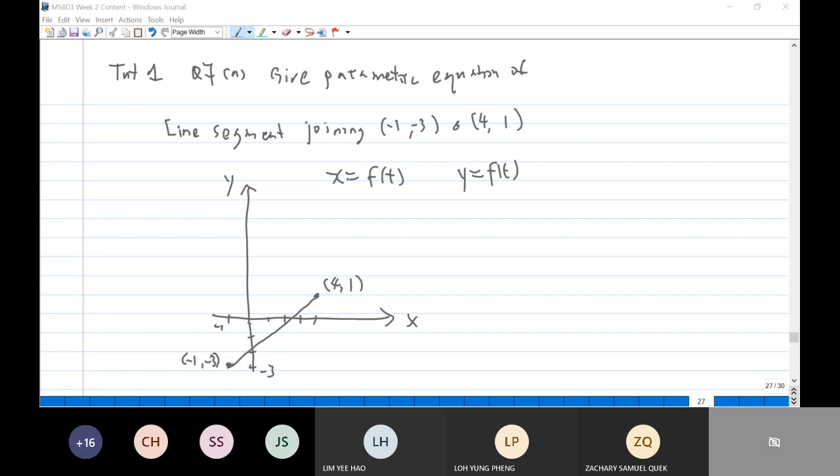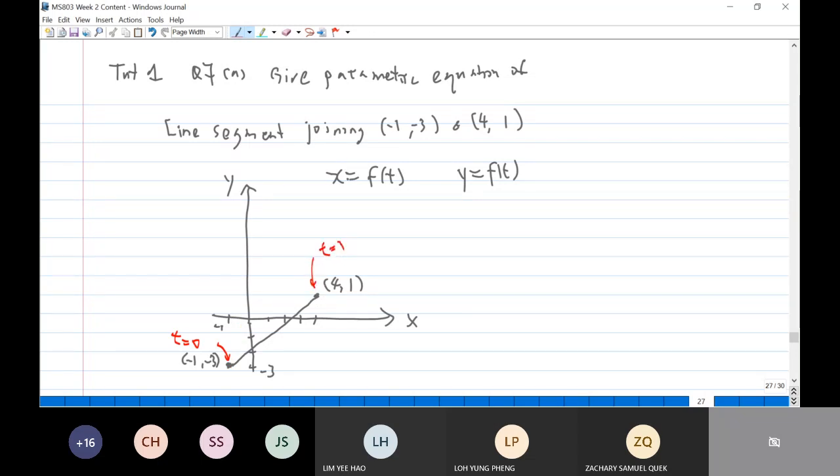One way to do this is to put it in such a way that t equals 0 at this point, and t equals 1 at the other point.